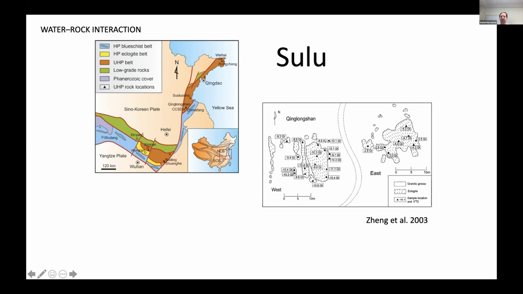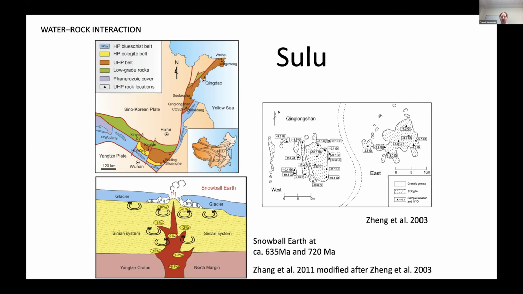And the interpretation is that this is due to water-rock interaction of meltwaters from glaciers that are derived from a snowball Earth. So we don't actually know if it's a snowball Earth or if it's a smaller glaciation before or after that. But the idea is that if we now can reconstruct these waters that interacted with the rocks, we can get some climatic information about the Earth back then.